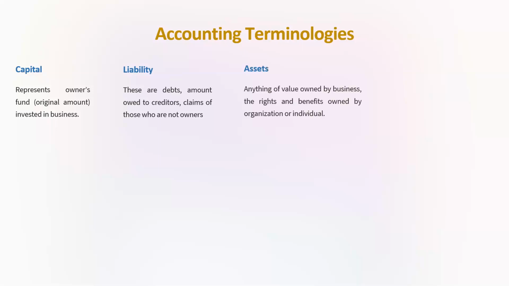And assets. Anything of value owned by the business, whether it's tangible or intangible. So anything which has a monetary value. Even intangible assets, such as trademarks, copyrights, patent rights, goodwill, you cannot feel or touch these, but they have a monetary value attached, because no one can duplicate them or use one company's trademark or patent right without the consent of the business organization.